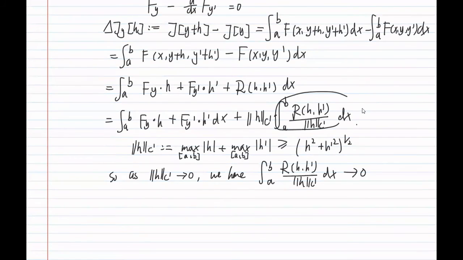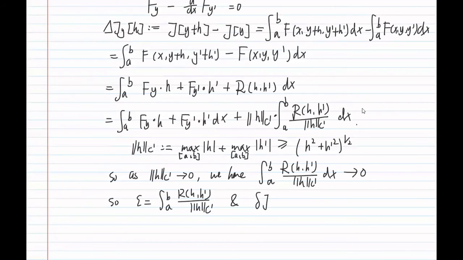So epsilon would equal the integration from a to b of r(h, h prime) over the C1 norm of h, and the principal linear part here, delta j h, would equal the integration from a to b of f_y times h plus f_y prime times h prime dx.